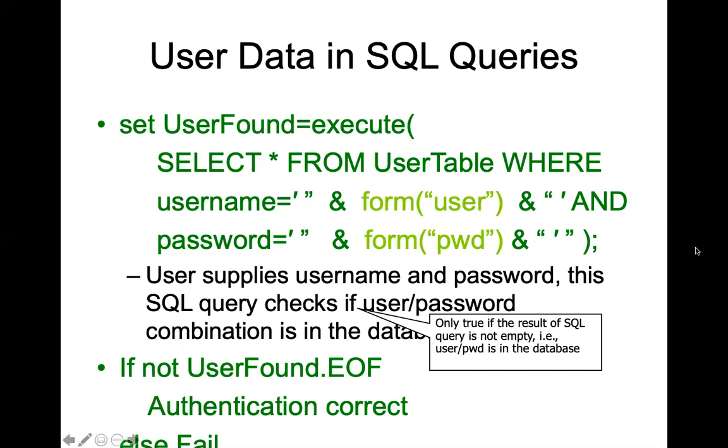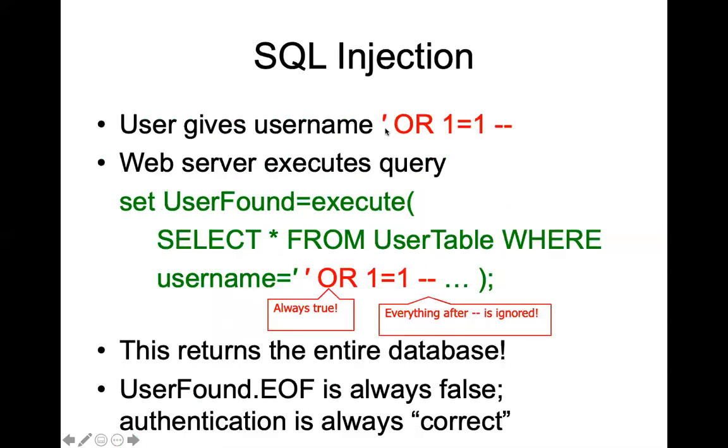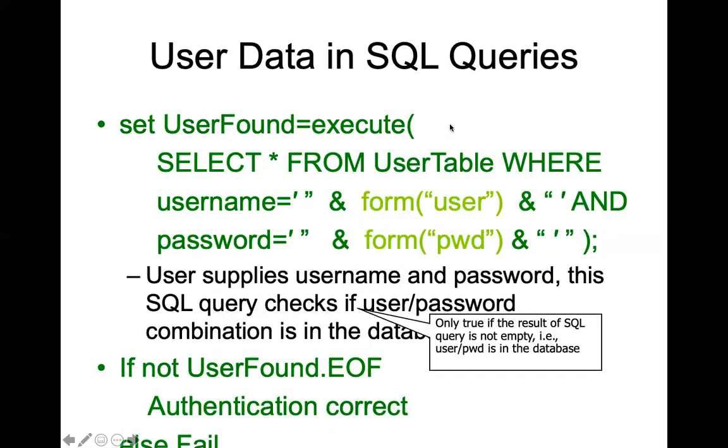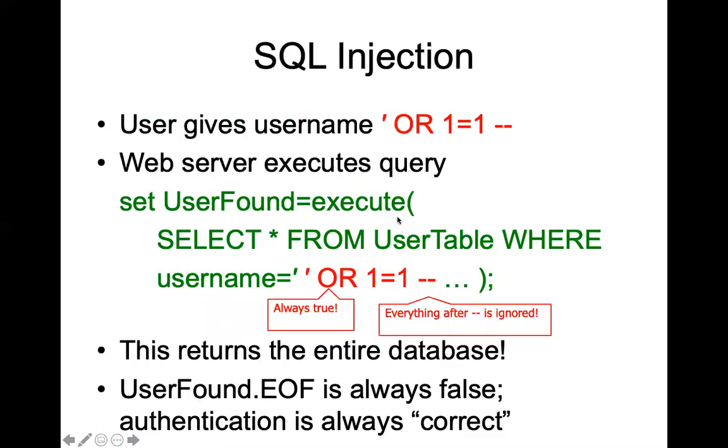So instead of providing, let's say, a username and password, supposing the user provided this thing over here: an end quote or 1 equal to 1 minus minus. Okay. So then what happens, supposing this was provided as a username? If that was provided as a username, that's exactly what is going to be passed as the argument in this light green thing over here. And this is what is going to happen.